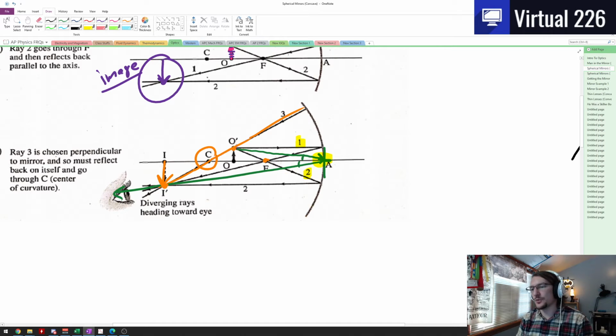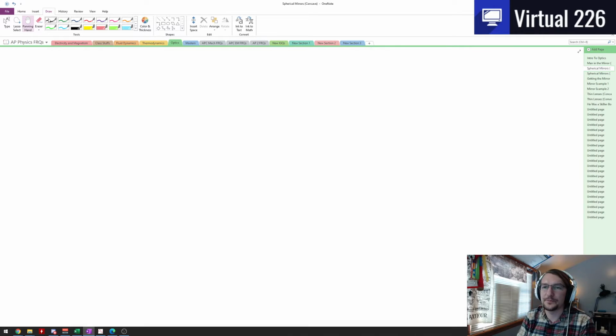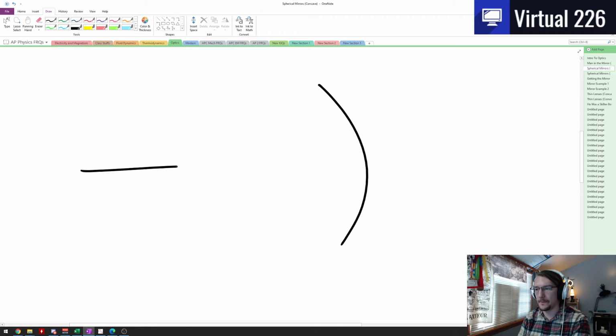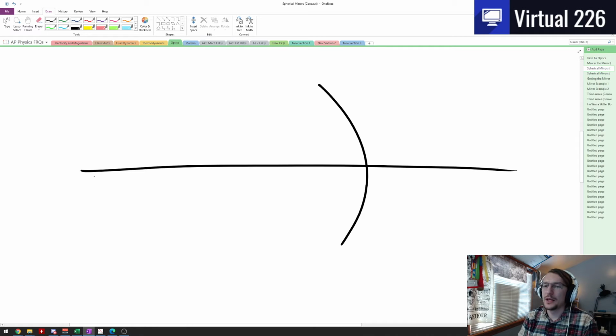Now the reason why I don't like drawing that one has to do with the center of curvature and how it's defined. When we have a convex or concave spherical mirror, excuse me. This line going across here, this is the principal axis. It's the center line cutting our mirror in half right here. Okay.